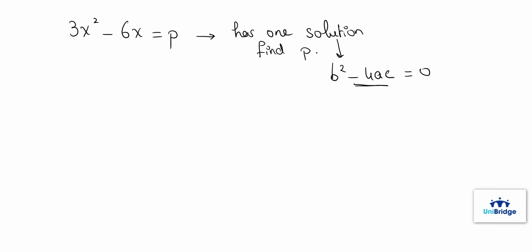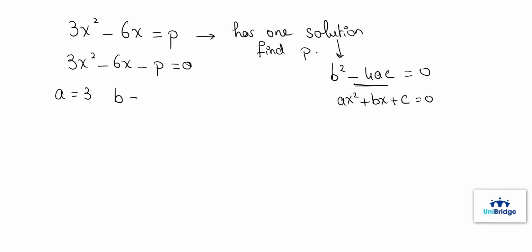But in order to get a, b, and c, the equation must be written as ax squared plus bx plus c equals 0. So the first thing I do is bring the p to the left, so it's minus p equals 0. I need to see a 0 on one side and all the other terms on the other side. Now I can get a, which is 3, b, which is negative 6, and c, which is anything that does not have an x in it, which is negative p as a whole.